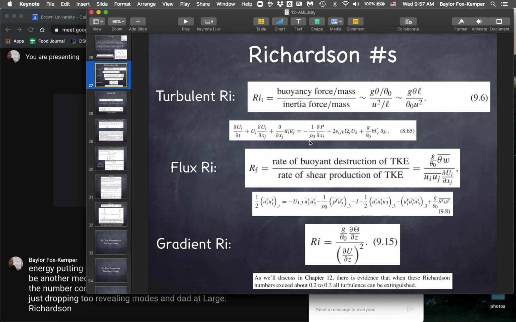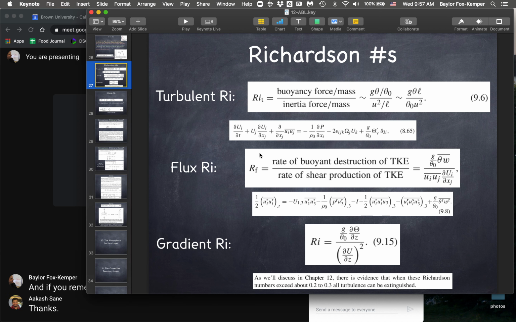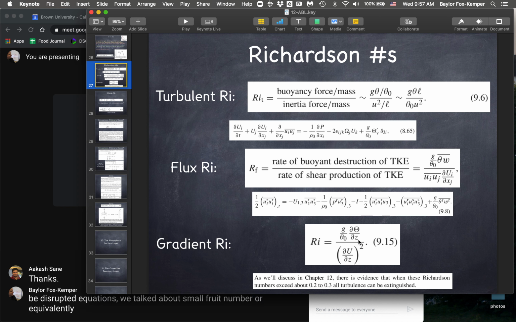And if you remember back to our derivation of the quasi-geostrophic equations, we talked about small Froude number, or equivalently large gradient Richardson number. Everything we talked about in the QG equations is in this regime. All of these terms would be very, very large, so it would be stably stratified.